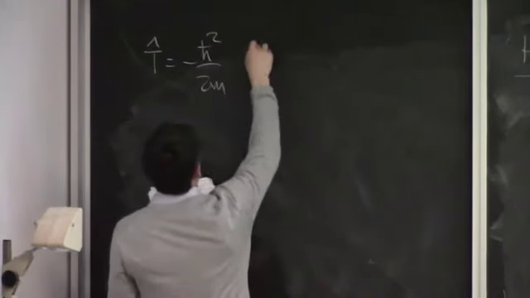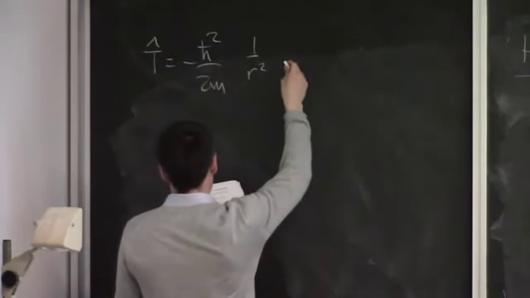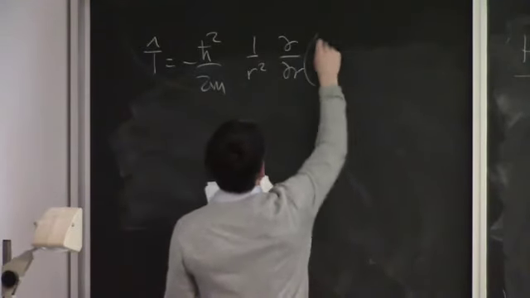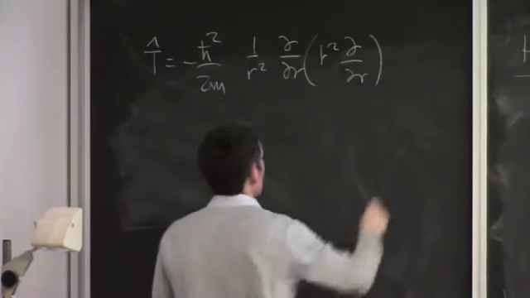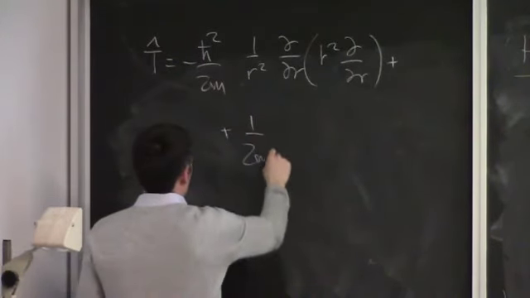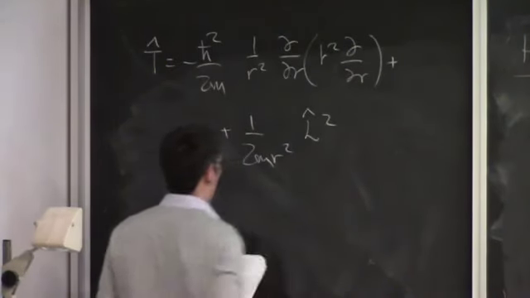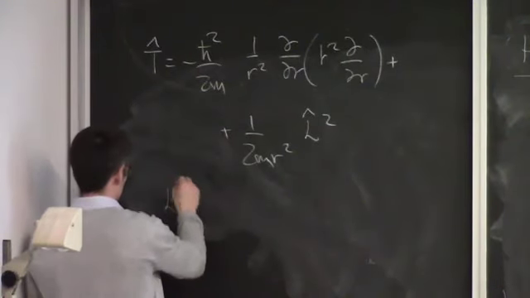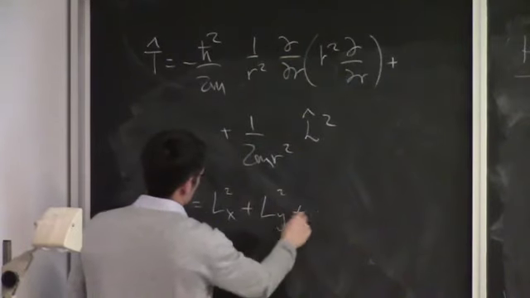And then we have the Laplacian written in the following form: 1 over r squared d over dr r squared d over dr, plus 1 over 2 m r squared, here, the operator of the angular momentum squared, so it's Lx squared plus Ly squared plus Lz squared.